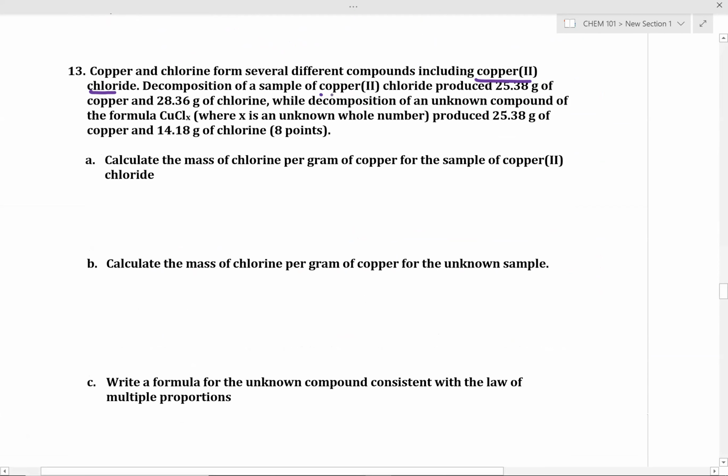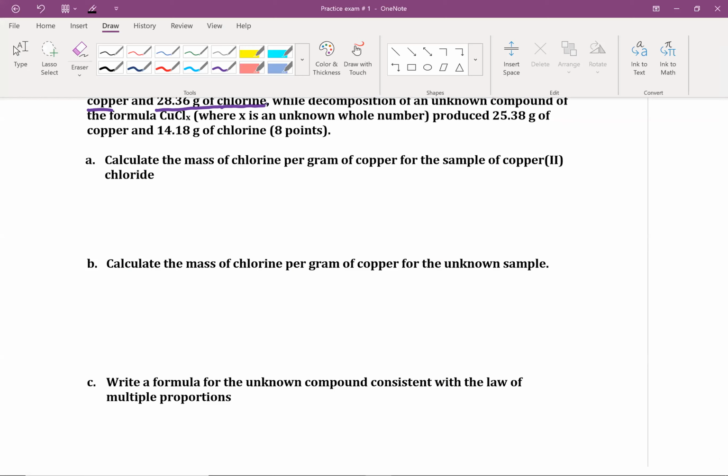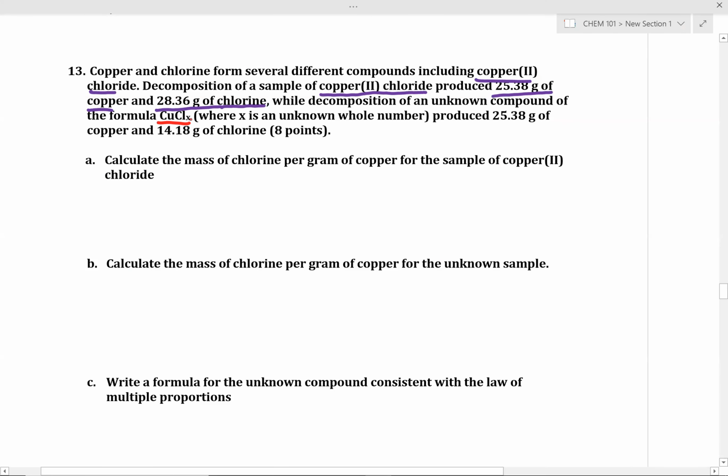Decomposition of a sample of copper 2 chloride produced 25.83 grams of copper and 28.36 grams of chlorine, while decomposition of an unknown compound of the formula CuClX produced 25.83 grams of copper and 14.18 grams of chlorine. Okay, so this is another law of multiple proportions problem, this time applied to composition.